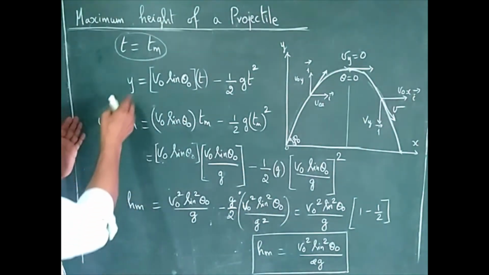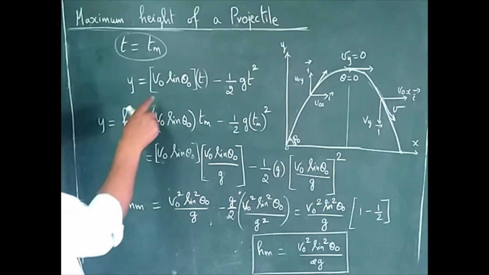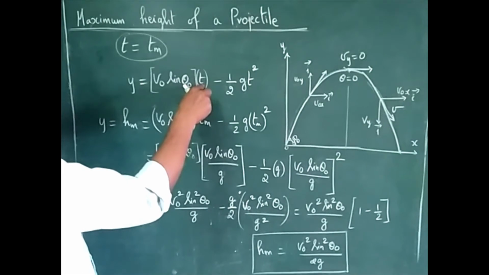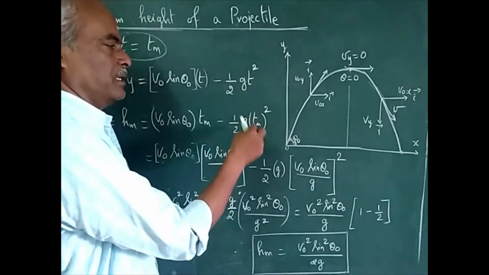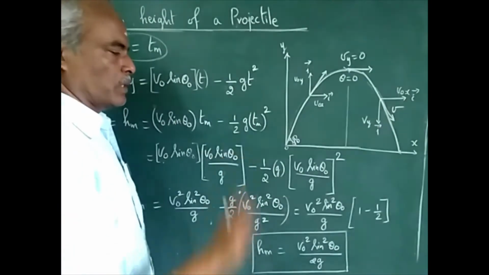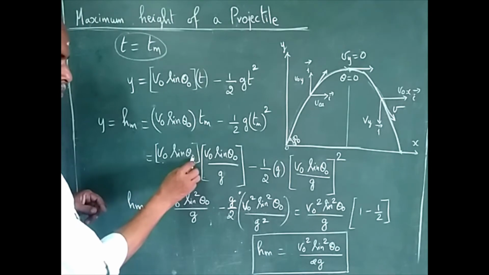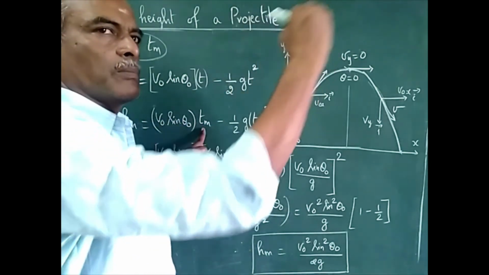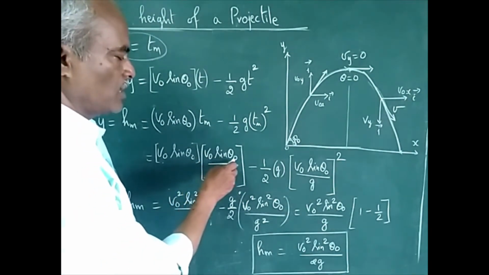So now this y becomes hm, maximum height, v naught sin theta naught, then t is replaced by tm, minus half g tm square. Now time required to reach maximum height, we got already the answer. It is nothing but v naught sin theta naught divided by g.